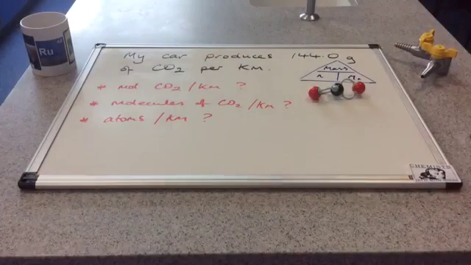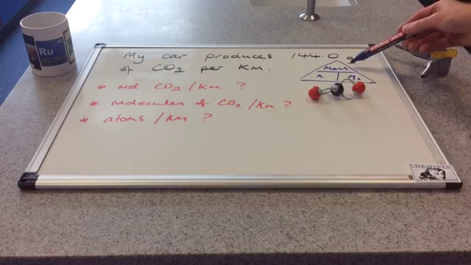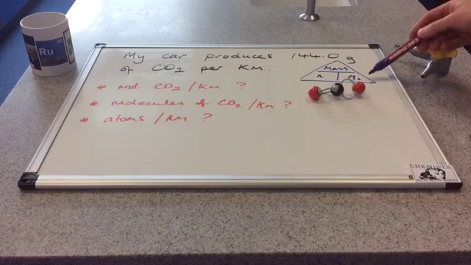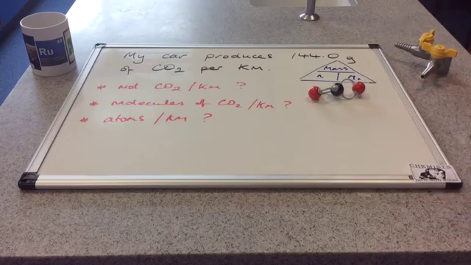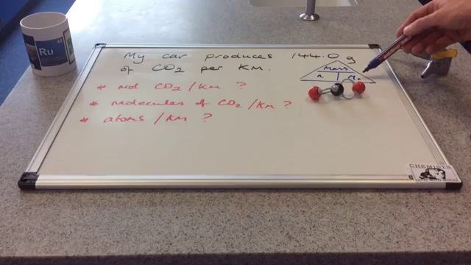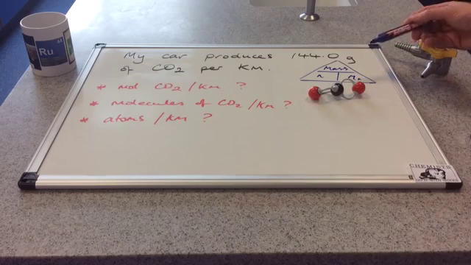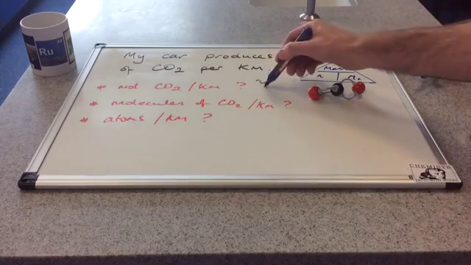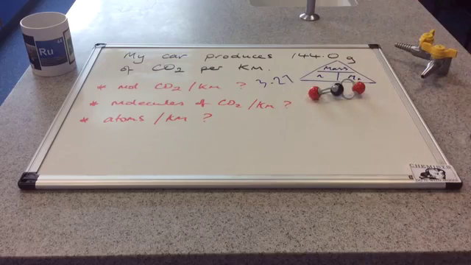So the first one, the moles of carbon dioxide. We know that the car makes 144 grams every kilometre, so that's the mass. The Mr of CO2 is 12 plus 16 plus 16, which is 44. So it's 144 divided by 44, and that comes out at 3.2727 and so on. So we'll say 3.27, to three significant figures, 3.27 moles.